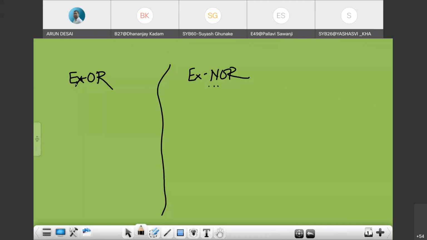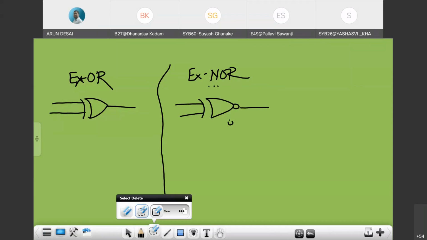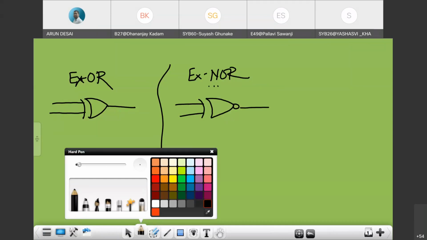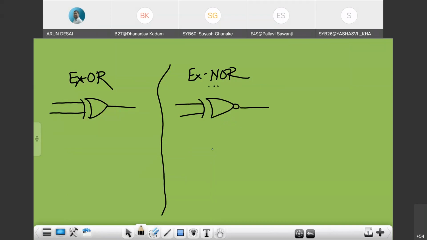The symbol for exclusive OR is like this, right? And for XNOR, yes. XOR is when both the inputs are the same, then the output is low.